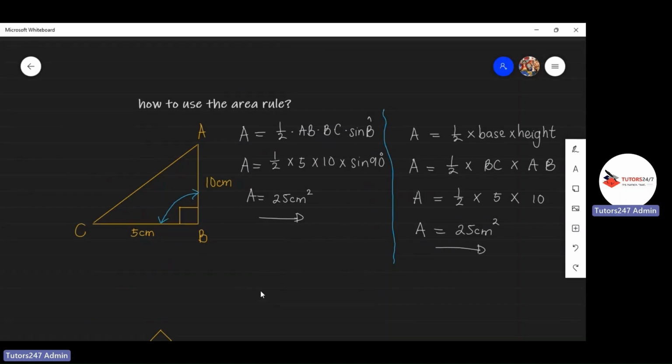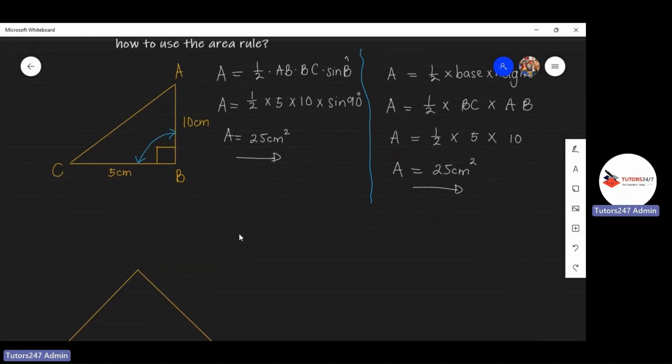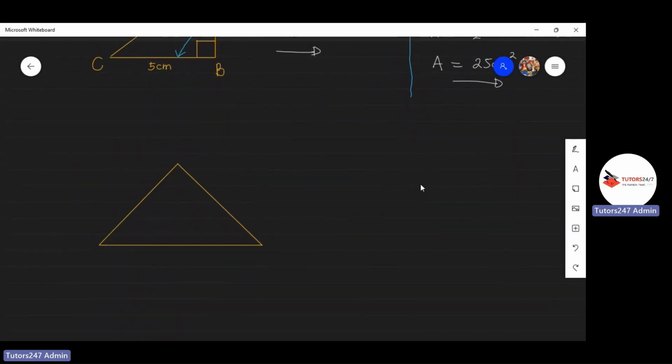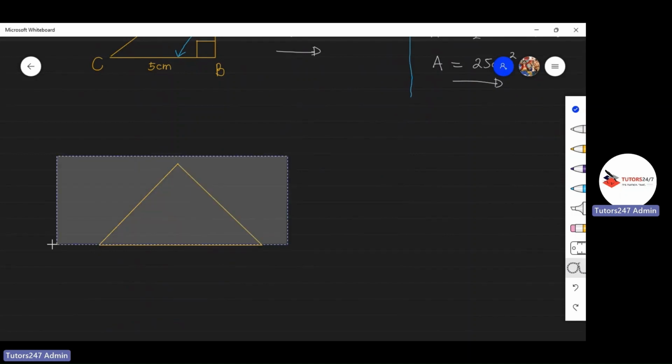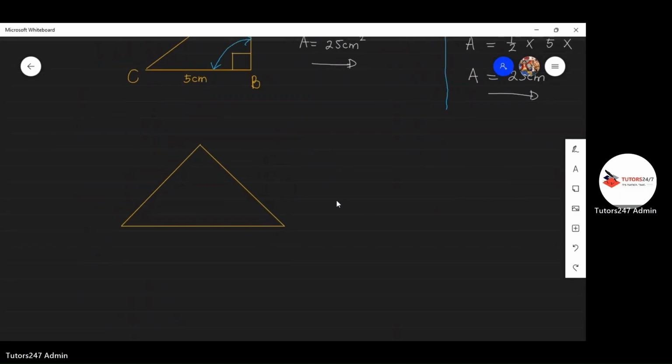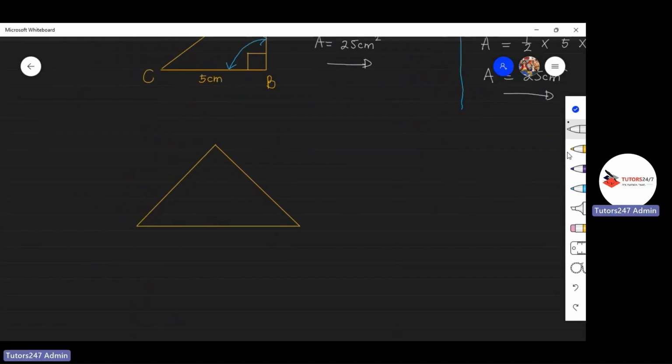Let us now have a look at our area formula, whereby the triangle we are going to use is not a 90-degree triangle. So let us move this slightly up. We'll have this as A, B, and C. Let us give this an angle of 40 degrees.